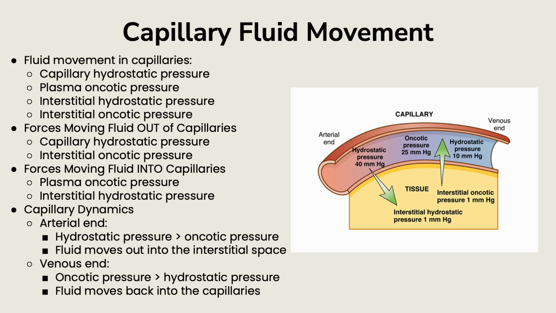So now at the arterial end of the capillary, hydrostatic pressure is greater. So the fluid moves out into the tissues. So now we're looking at in the capillaries, the hydrostatic pressure is greater, so it's going to push it out. It's pushing out the nutrients and all of those things that the organs and the tissues need.